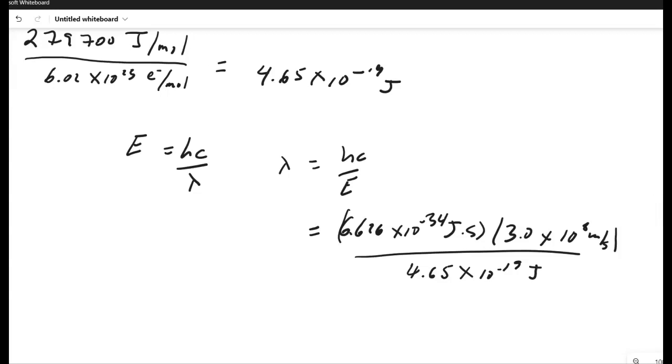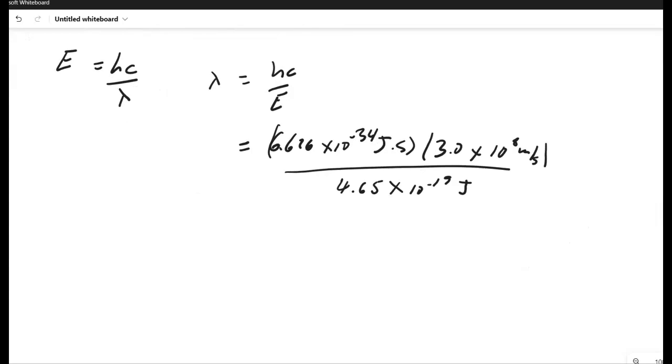So 6.626 times 10 to the negative 34 times the speed of light, divided by 4.65 times 10 to the negative 19.